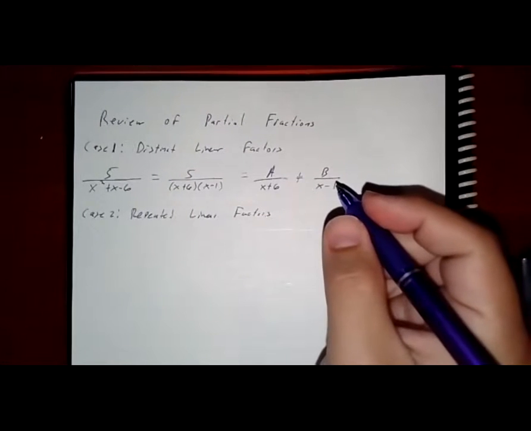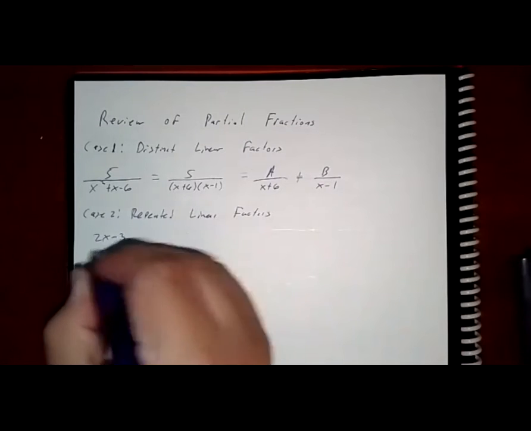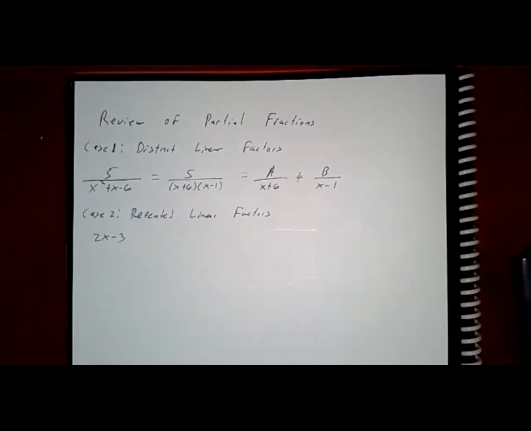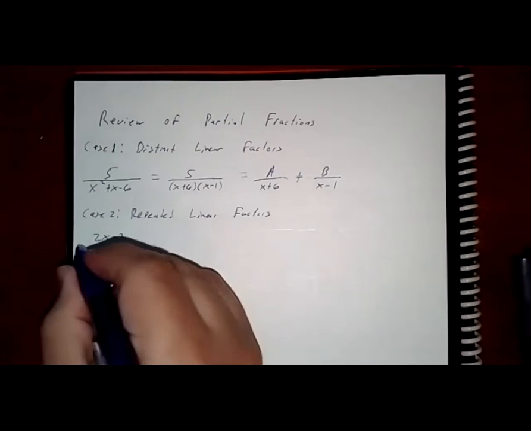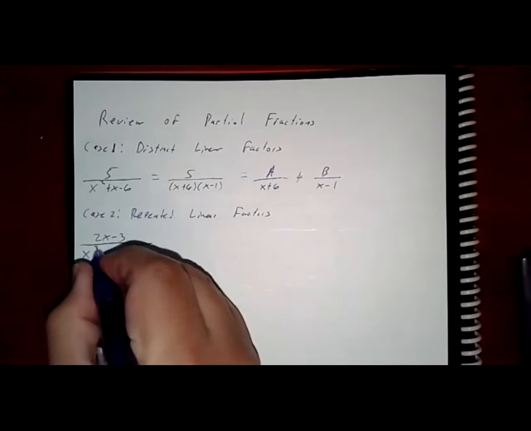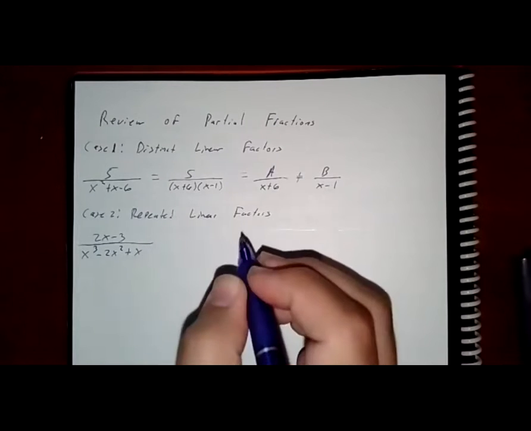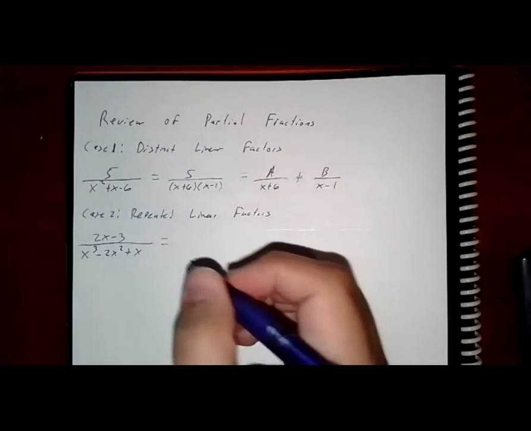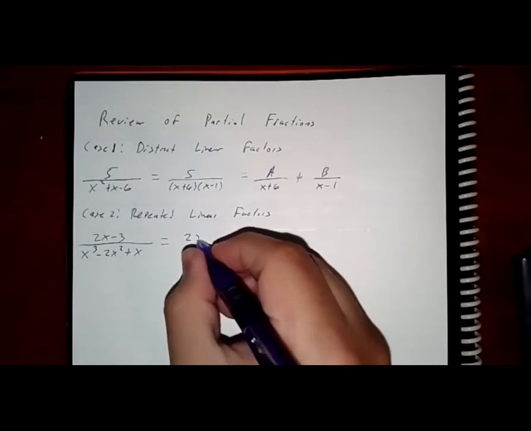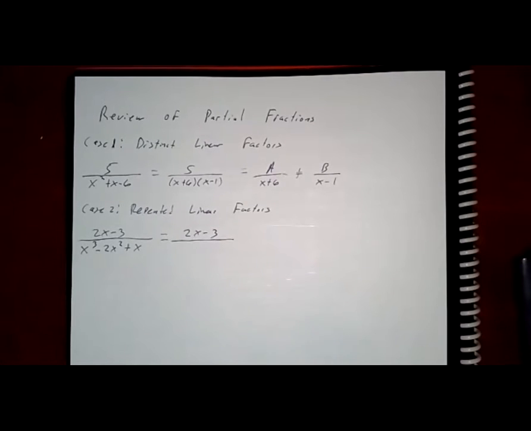Let's say you had something like this, 2x minus 3. Okay, so the first thing you gotta do is factor.